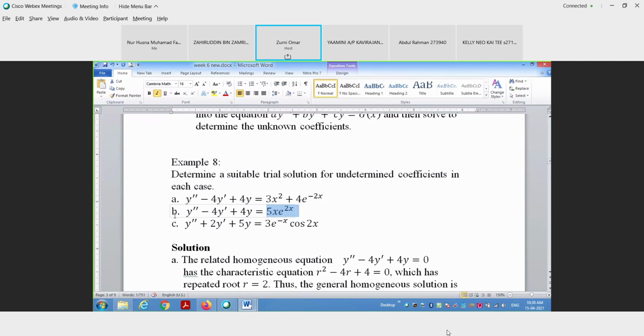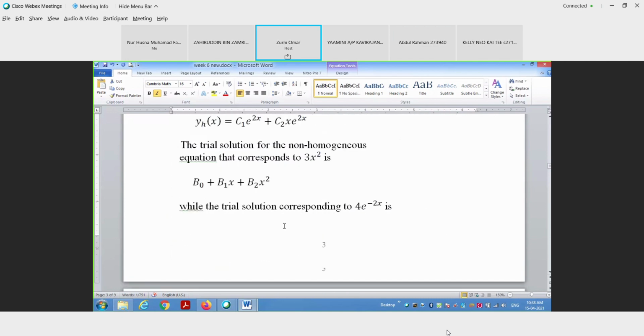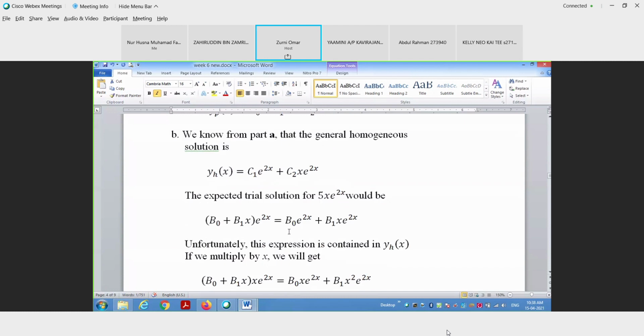So in b, gx will be 5x times e power of 2x. So your gx is in this form. So 5x, Rahman, is a polynomial of order 1. And then multiply with exponent e2x.